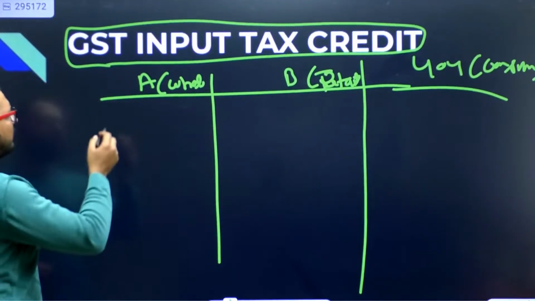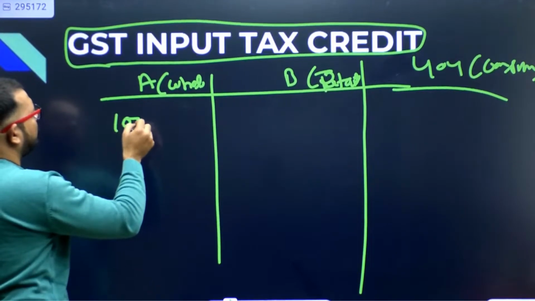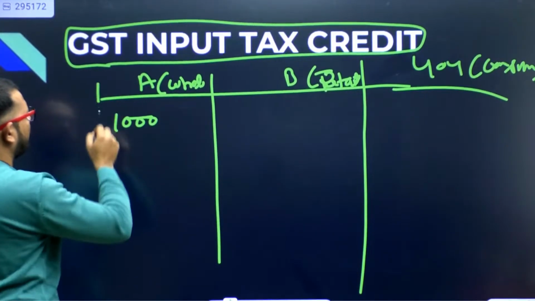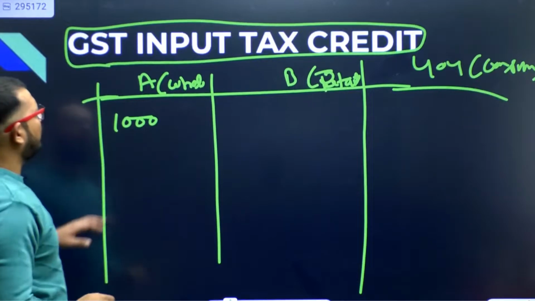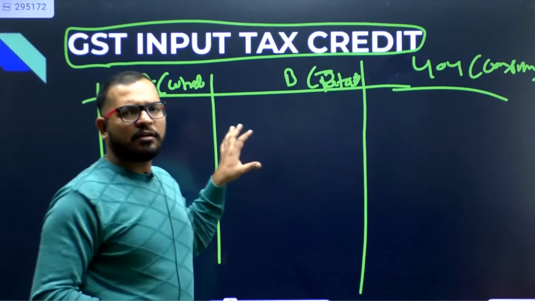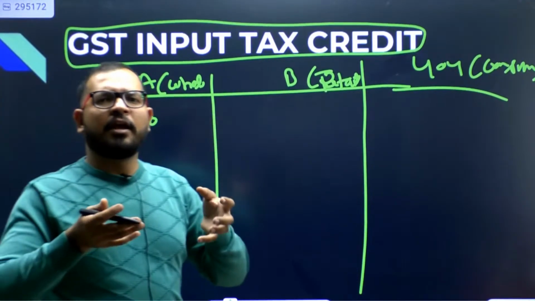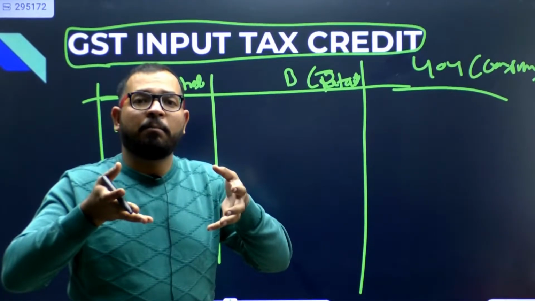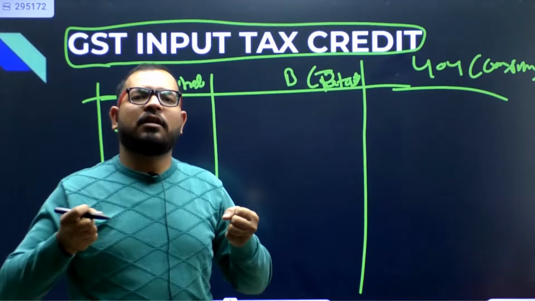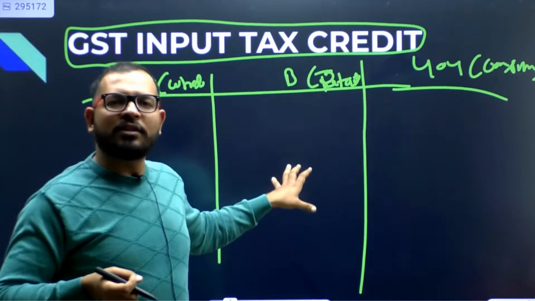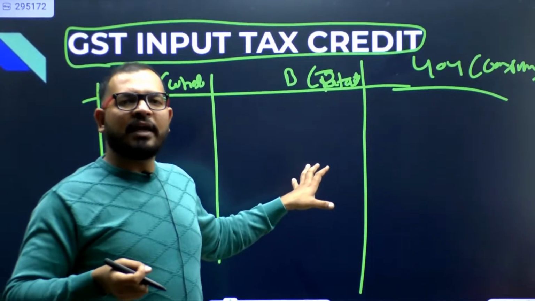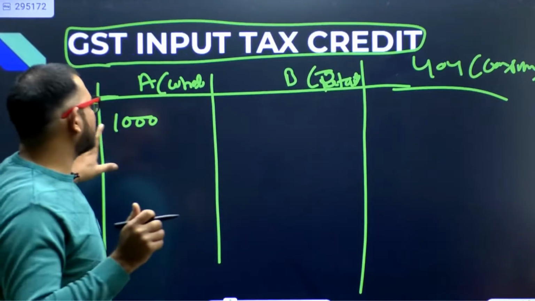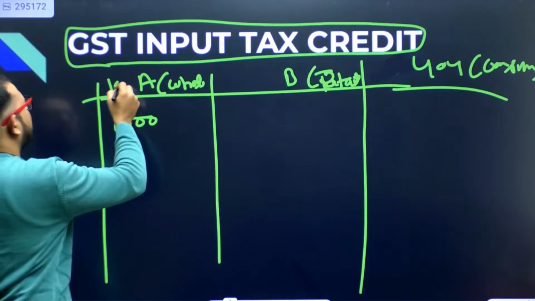So let's say there is one product, rupees 1000. The wholesaler has purchased a product of rupees 1000 from a company, and let's say tax is 10%.